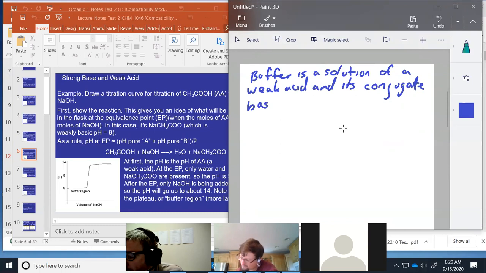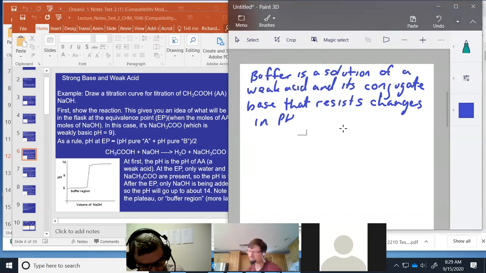That's one of them. A weak acid and its conjugate base that resists changes in pH upon addition of strong acid or strong base.